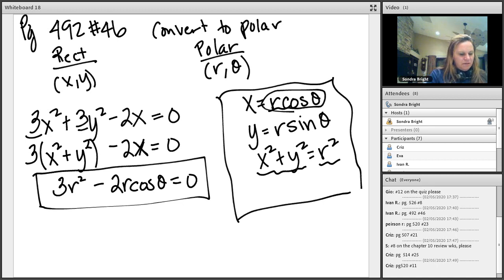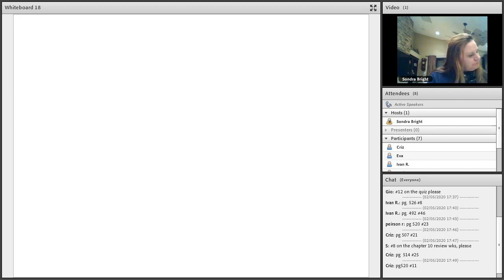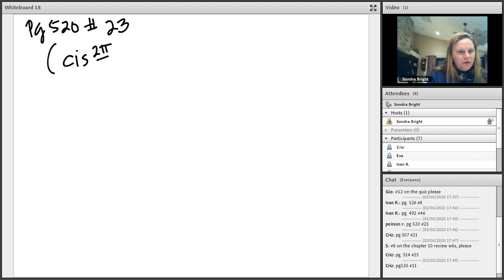Page 520, number 23. All right, so it says cis 2 pi over 3 to the negative 2 power divided by 0.1 cis pi over 6 to the third.